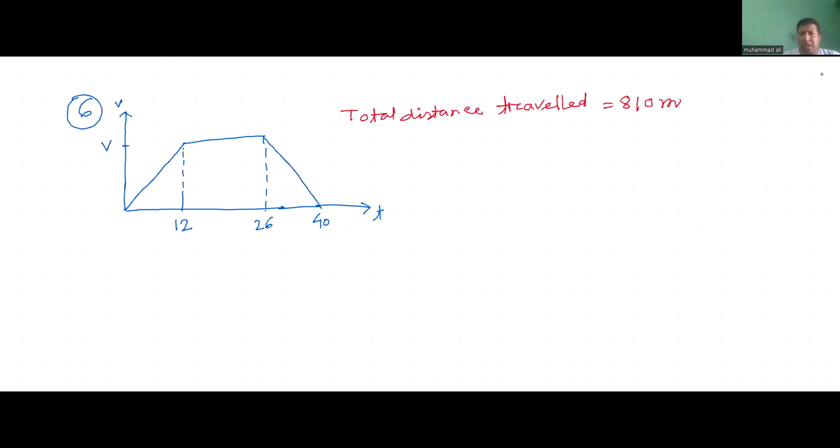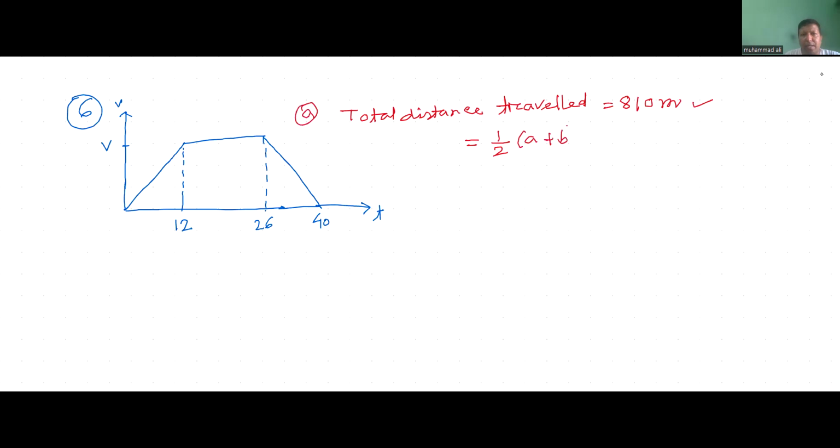Our total distance traveled, 810 meters, is given. This is the figure. We have to find out the value of v. So for total distance traveled, the whole shape is a trapezium. So you can write the area of the trapezium as half, a plus b, that means the two parallel sides.